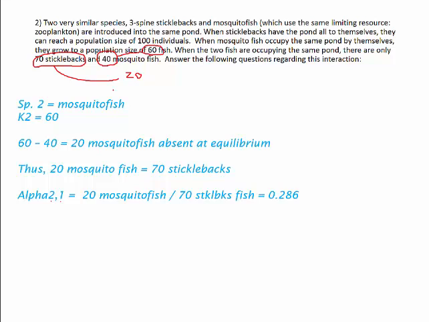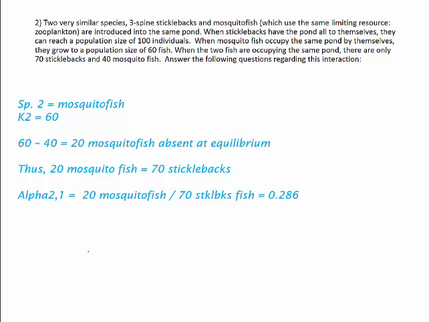And that's why we get this ratio down here, that 20 mosquito fish are basically the equivalent of 70 sticklebacks and vice versa. So this helps us figure out the competitive impact of species 1, the stickleback, on species 2, the mosquito fish. And so 20 divided by 70 is 0.286.